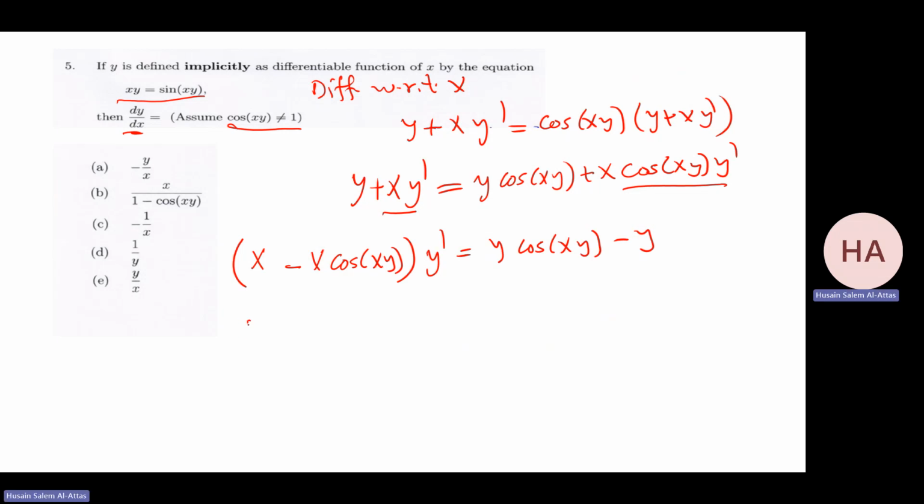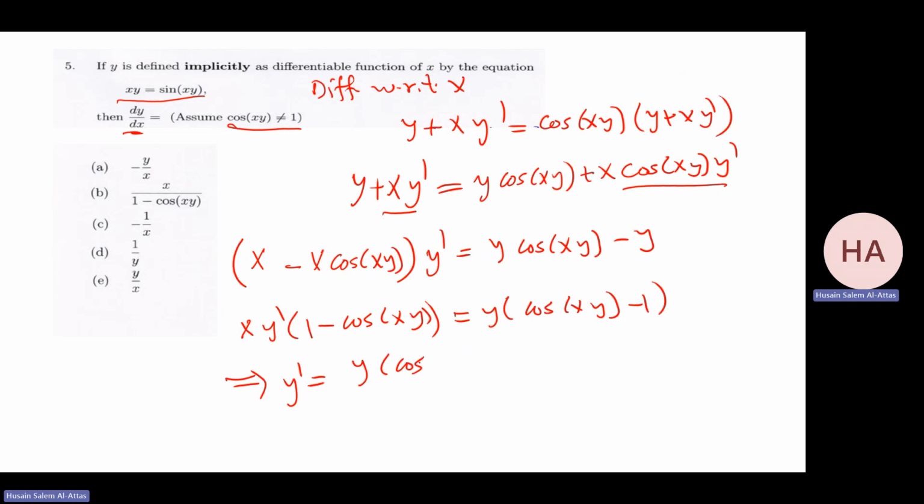This one will be xy prime (1 minus cosine xy) equals y cosine xy minus y. So that means y prime will be y(cosine xy minus 1) over x(1 minus cosine xy). This will be minus 1, so that will be minus y over x, which is this one.